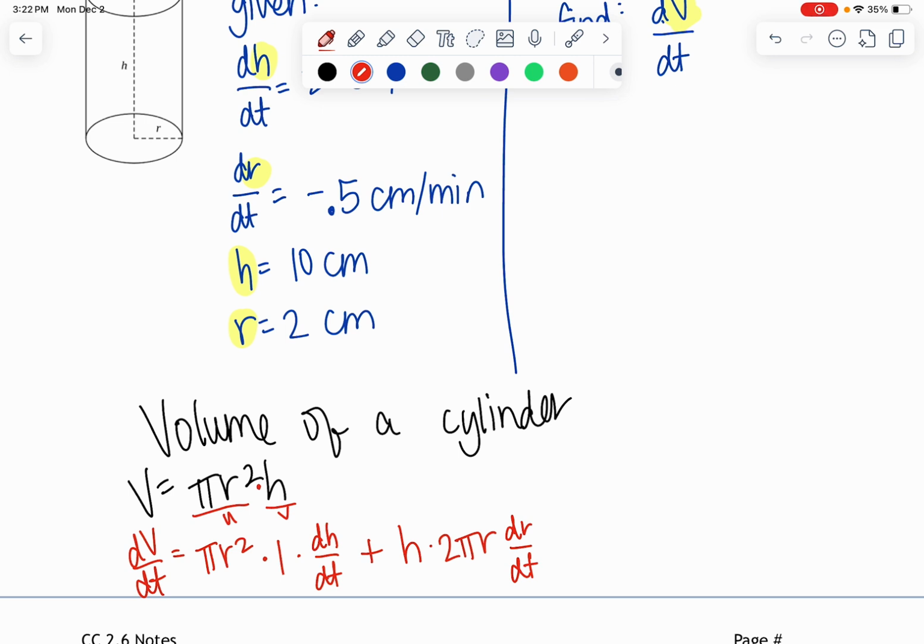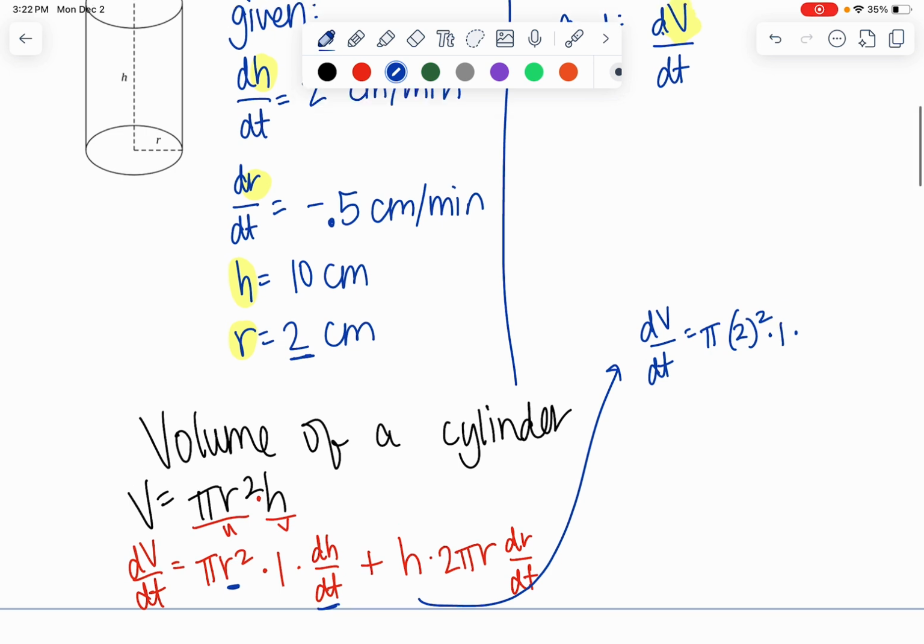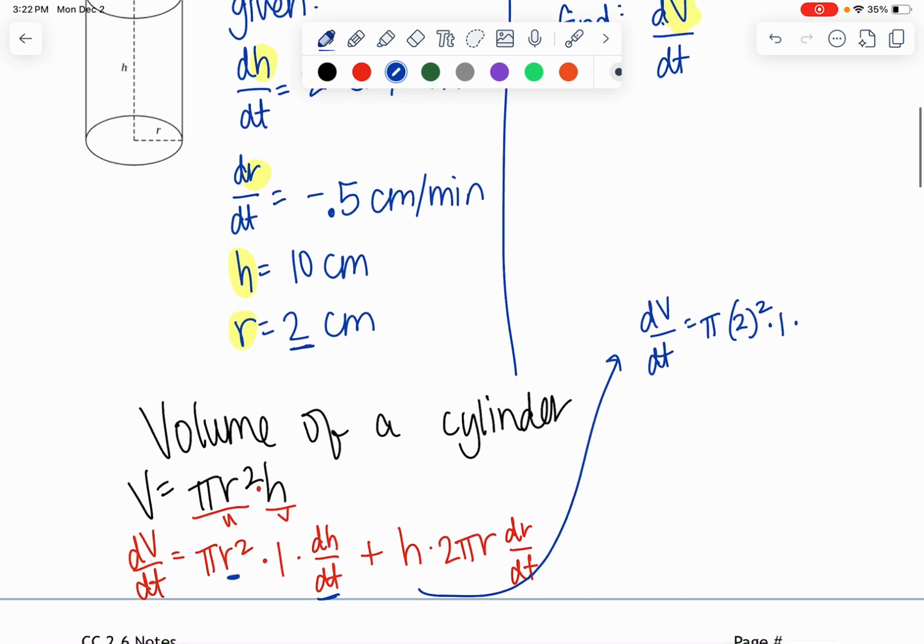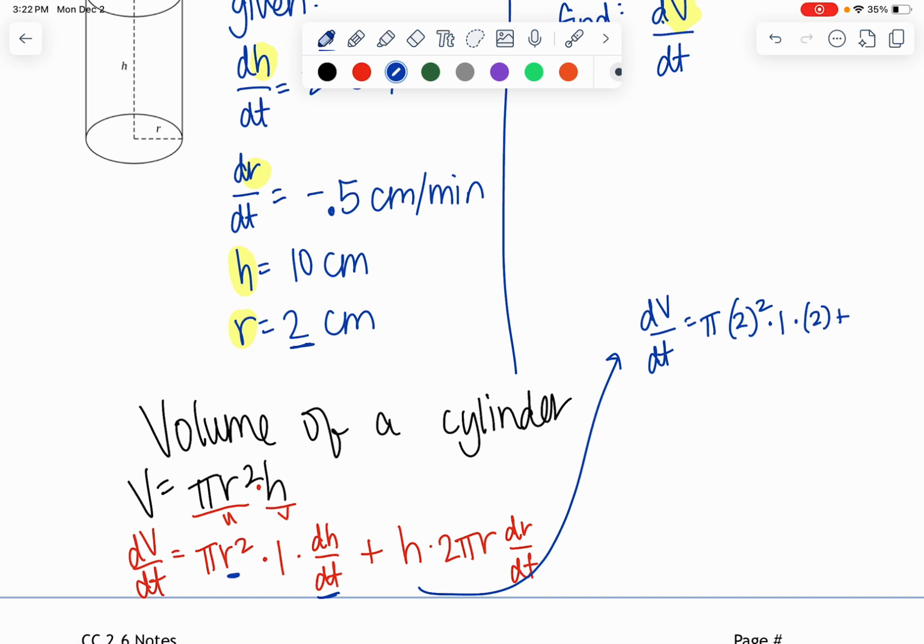So we know dv/dt, oh, that was in our find, so I'm going to leave dv/dt. Pi r, r is 2 squared, times 1 times dh/dt was 2, plus h is 10.